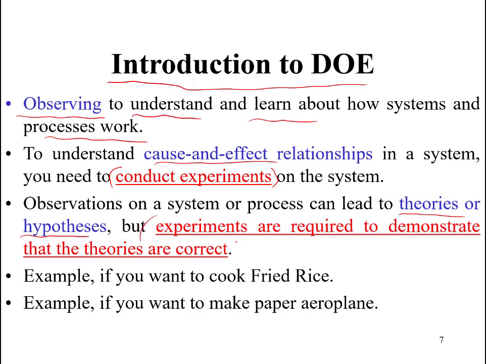But these theories and hypotheses can only be approved using different experiments, and these experiments are required to demonstrate whether these theories are correct or incorrect, or even rejected or approved. This procedure can be used in different areas.